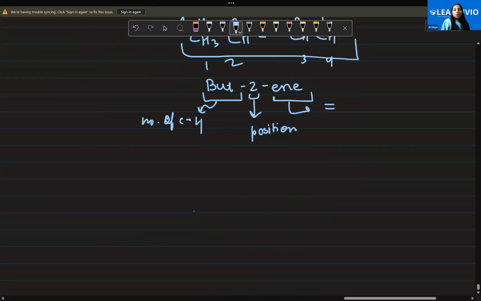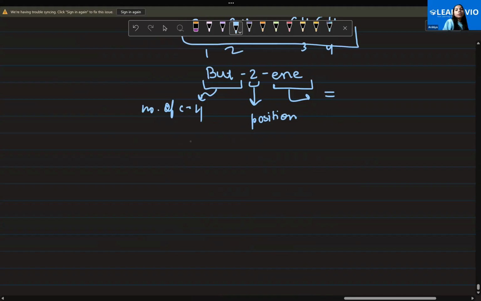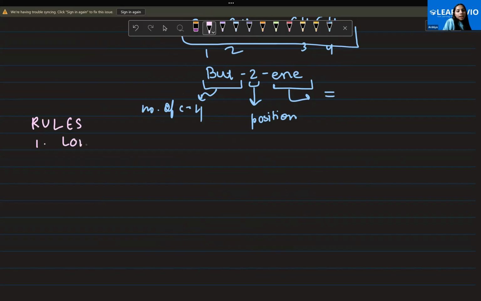Now, let's solve a few more, then you'll get your answer. So we know that we have got 2 rules. First, the longest carbon chain, right? First we'll count the number of carbons, and the one with the longest chain, that is what we'll prefer.